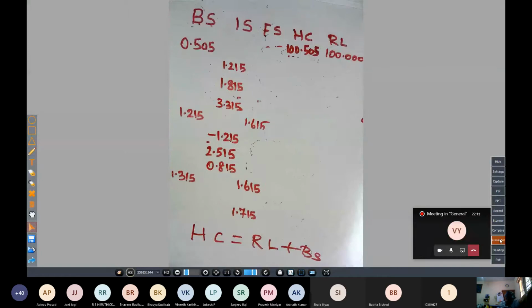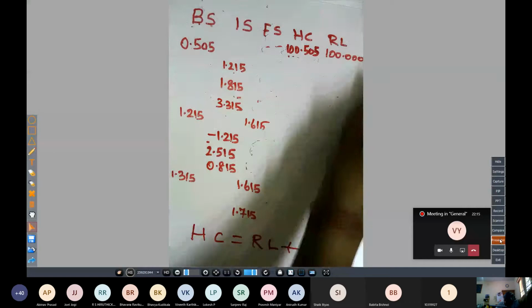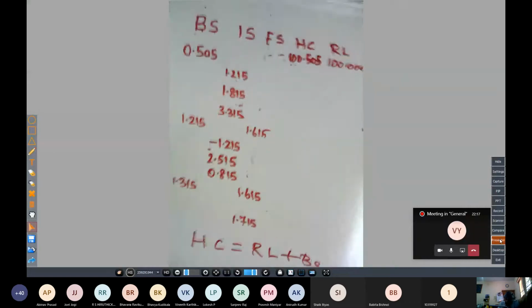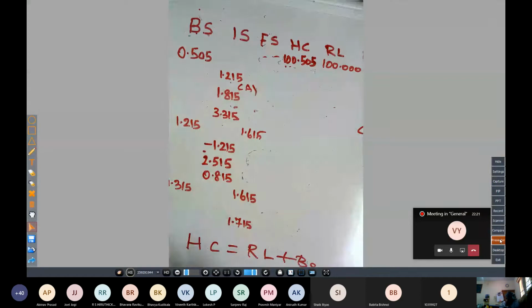Okay. Now what is the RL of point A? I put it here. This is point A. What is RL of the point? RL equals HI minus IS or FS, intermediate sight or foresight.